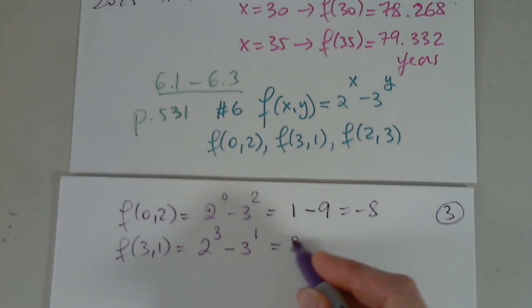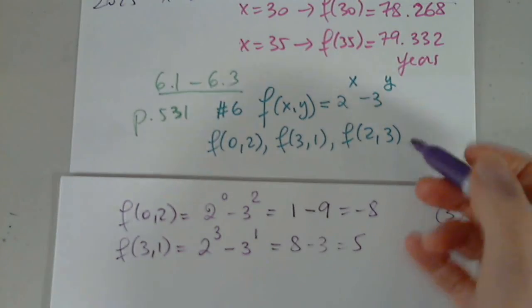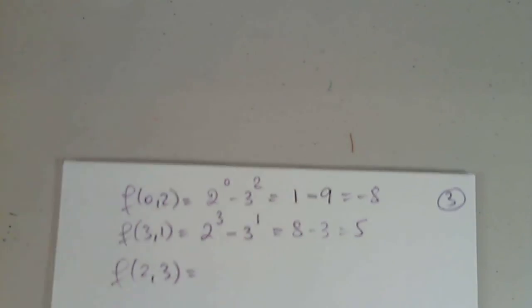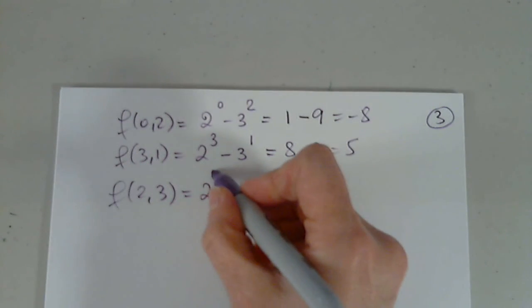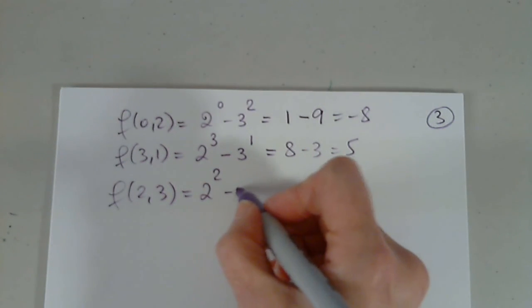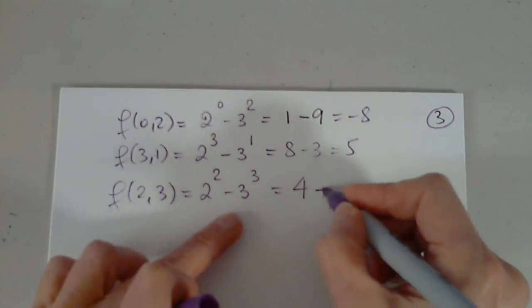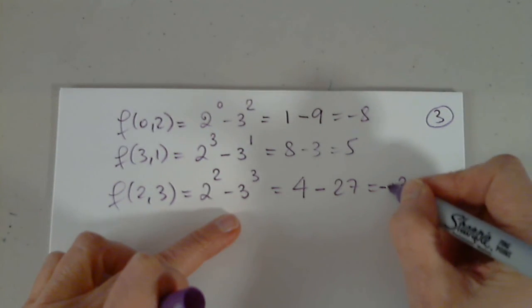So this is 8 and minus 3, which is 5. And last one, f of 2 comma 3, just evaluating, so we know how to evaluate functions of two variables. So this is 2 to the second power and minus 3 to the third power. 2 to the second is 4, 3 to the third is 27, so this must be negative 23.